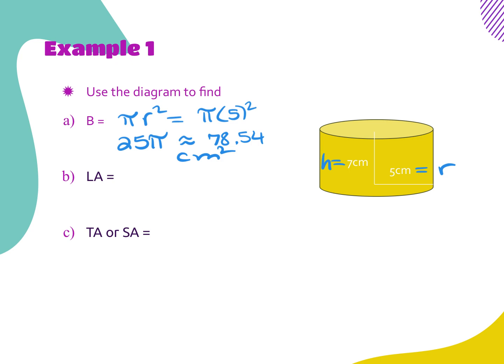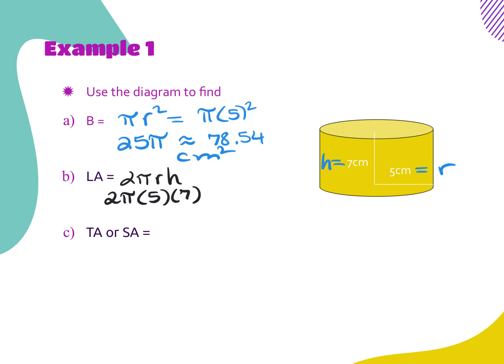Now for my lateral area, the formula doesn't change. It's going to be 2 times pi times the radius times the height of the cylinder. So 2 times pi, my radius is 5, my height was 7.